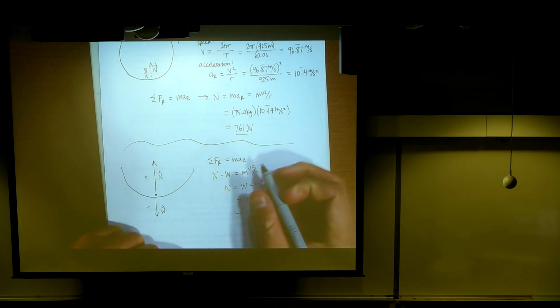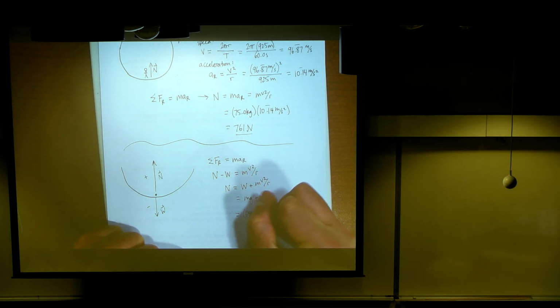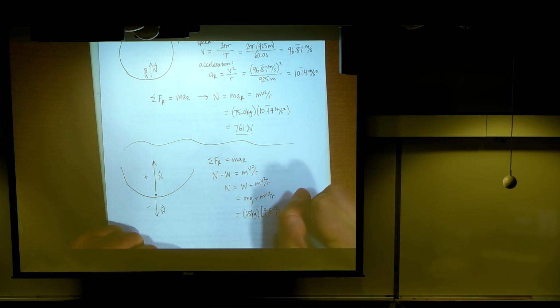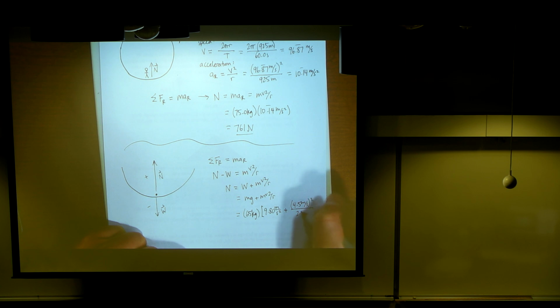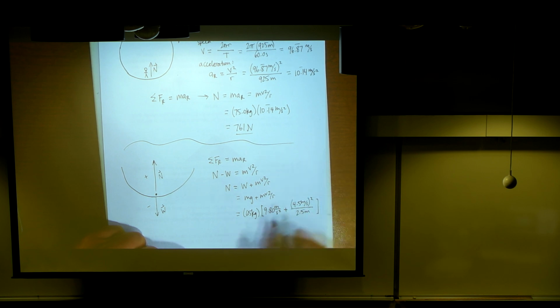All right, let's take the mass, which is 65 kilograms, multiplied by g, which is 9.8 meters per second squared, and then v was 4.5 meters per second. We're going to square that value. The radius of the half pipe was 2.5 meters, so that's v squared divided by r, and I just pulled the mass out front.